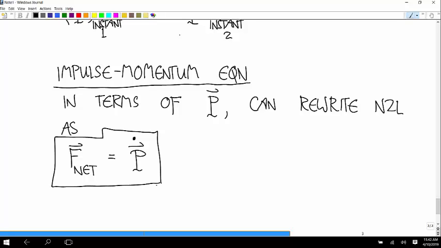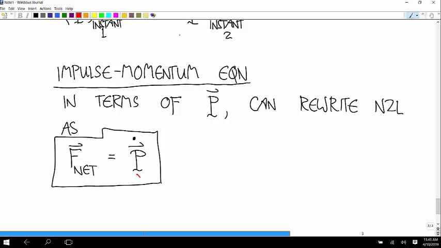Because the linear momentum is the mass times velocity, and the time derivative of the mass is 0, the time derivative of the linear momentum is just mass times acceleration. And that's what we had before, right?